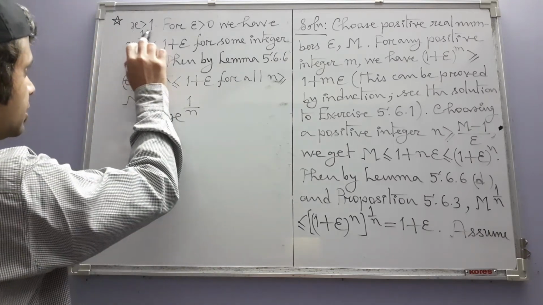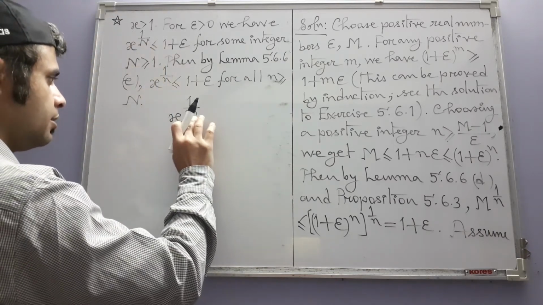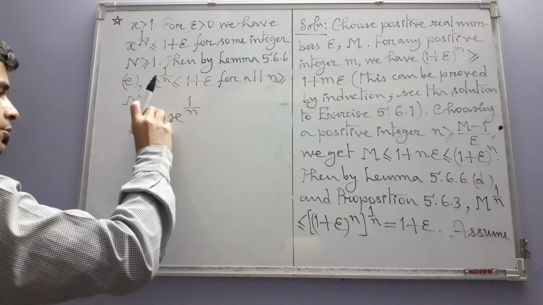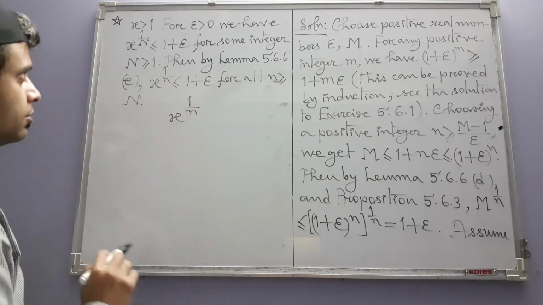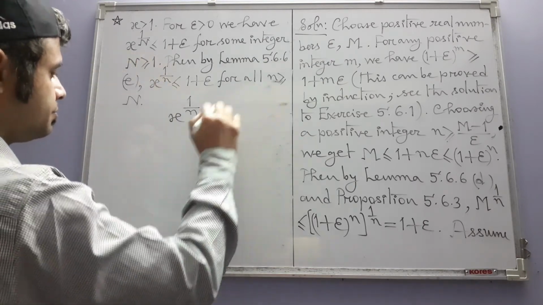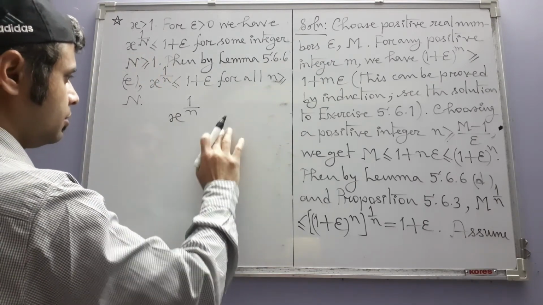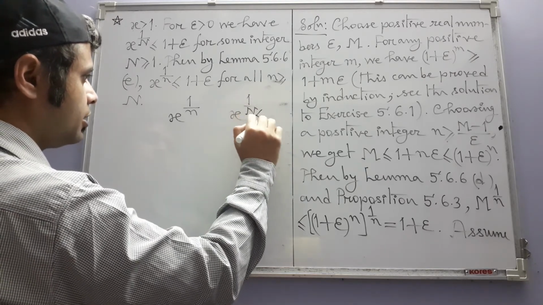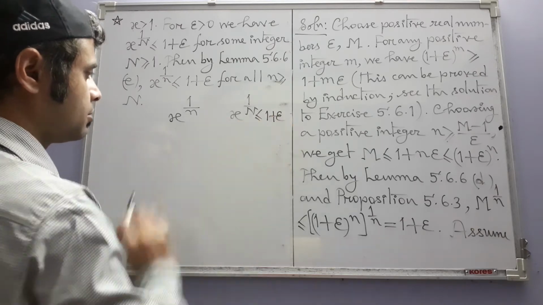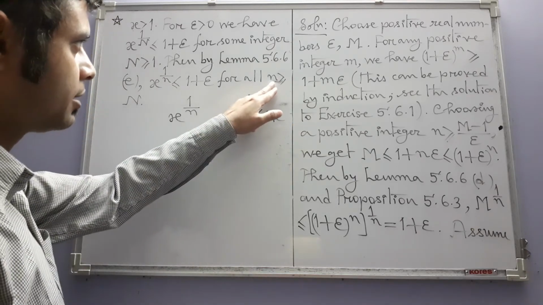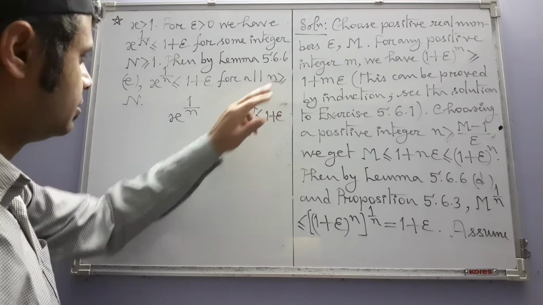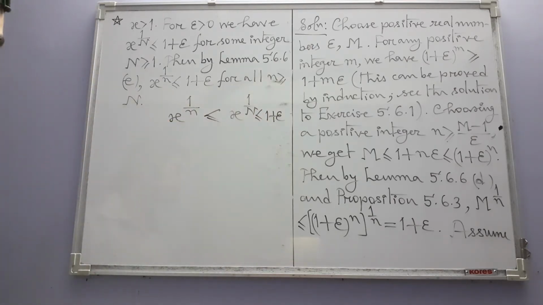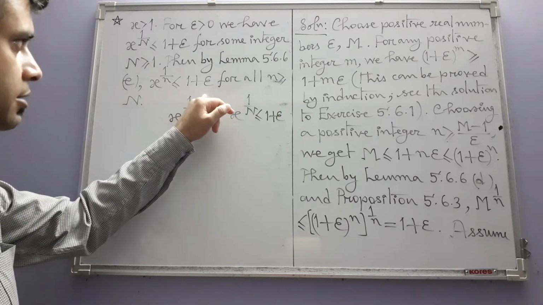So because of this inequality, we are having the fact that as n becomes larger and larger, this nth roots become smaller and smaller. So this nth root is already less than or equal to 1 plus epsilon. Now if you take larger values of n, then you have this inequality. Okay, so that's how we are getting these inequalities.